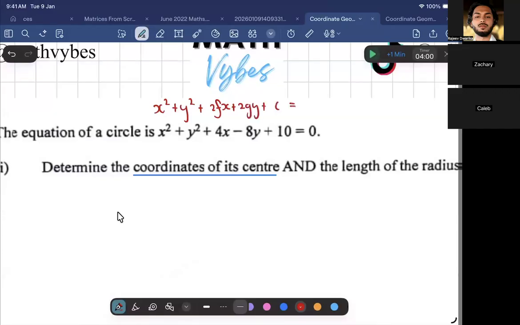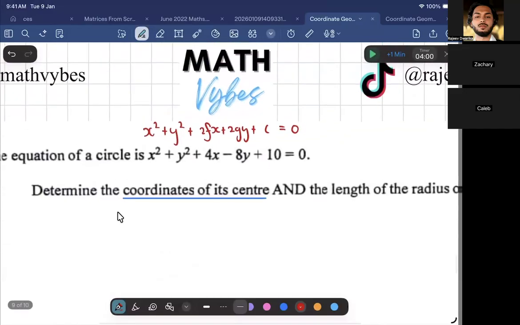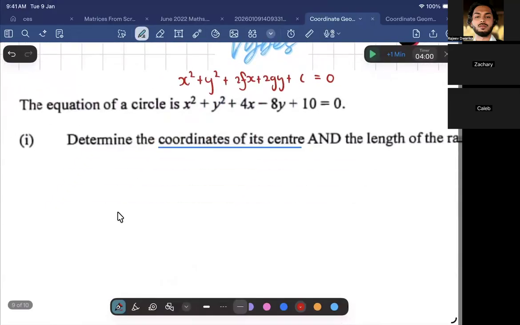So it's going to be x squared plus y squared plus 4x minus 8y plus 10 equals 0. Okay, that's the equation they gave us. But how are we going to use that to find the coordinates of the center?